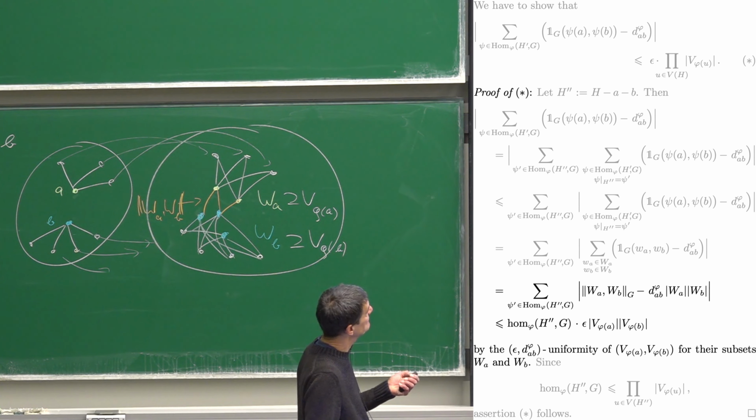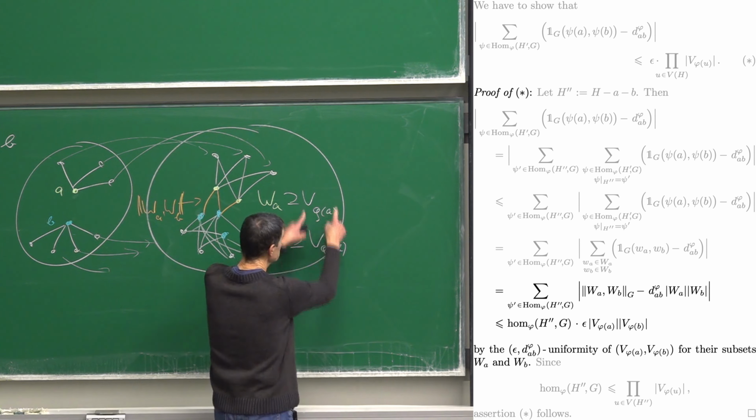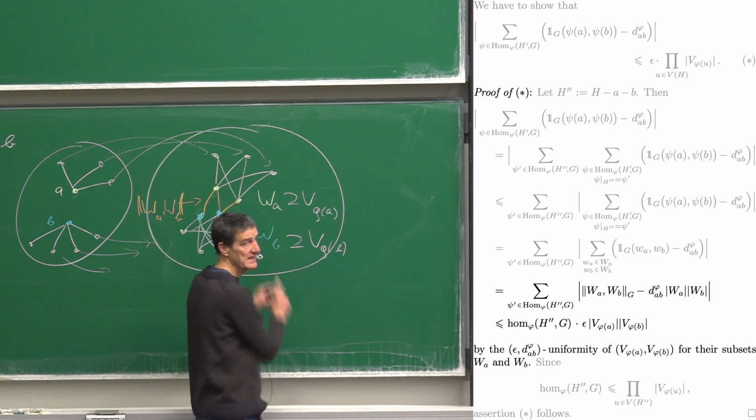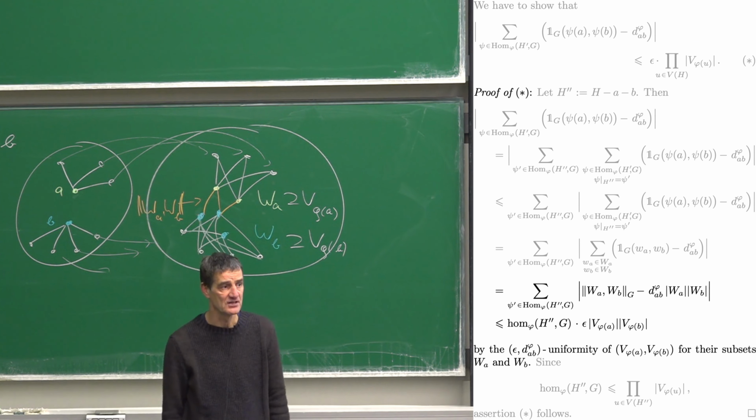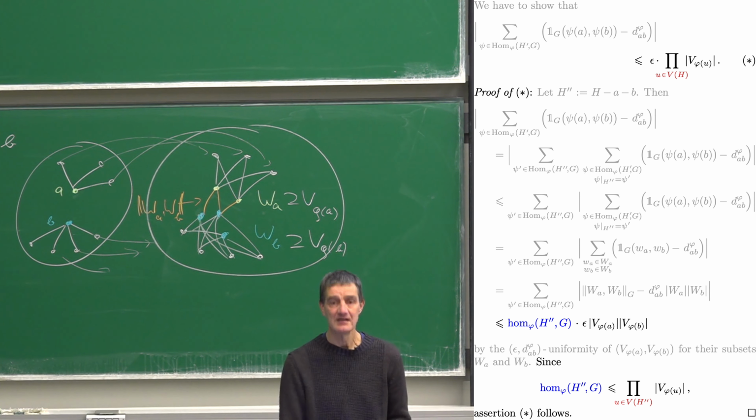And it says that this difference is small, namely epsilon times now the order of this times the order of that, rather than this and that, as in the definition of epsilon regularity. Okay.